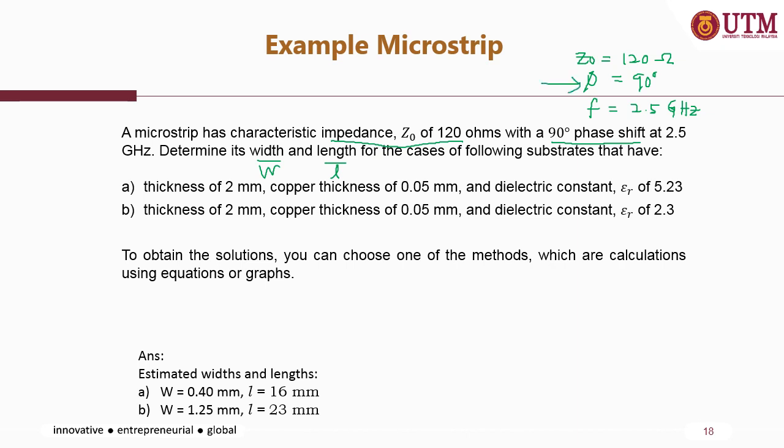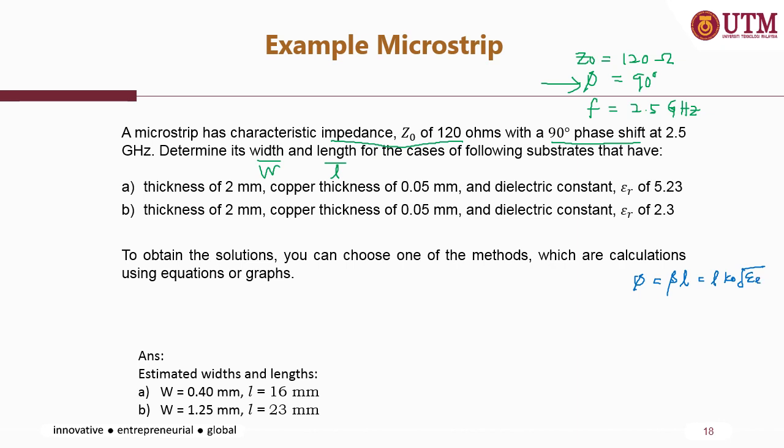However, here you need to consider the phase shift. The line is required to produce a phase shift of 90 degree, therefore you can calculate L by considering the phase shift. The phase shift equals beta L, where beta is K0 times the square root of epsilon E in this case.